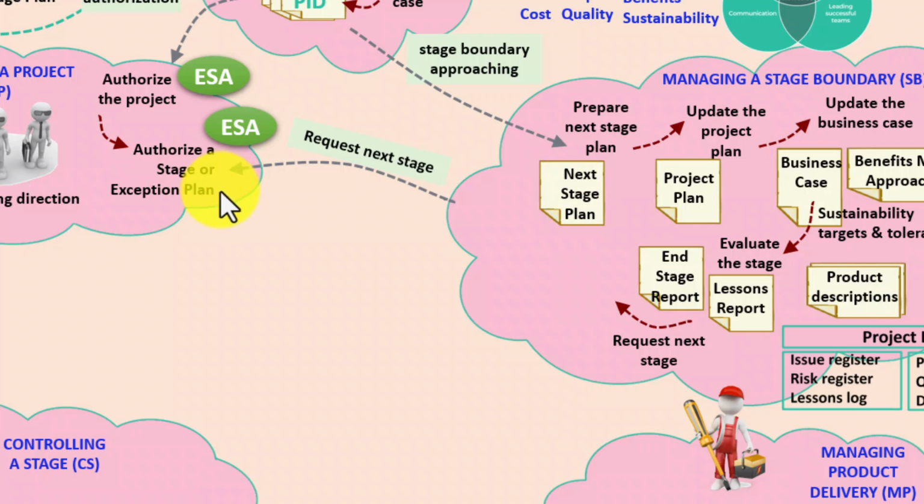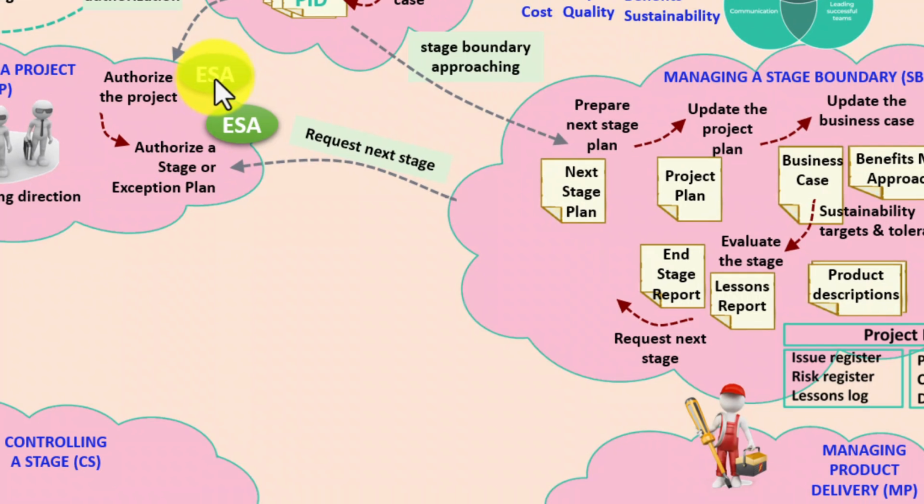We'll come to exception plans a little later in this diagram, but for now, what are you seeing here? 2 end stage assessments? They're a meeting, after all, by the project board, although that could be done electronically or as a video conference call. Not necessarily so. They're 2 distinct activities in terms of what you need to look at and agree on, but they could be held at the same meeting, couldn't they?